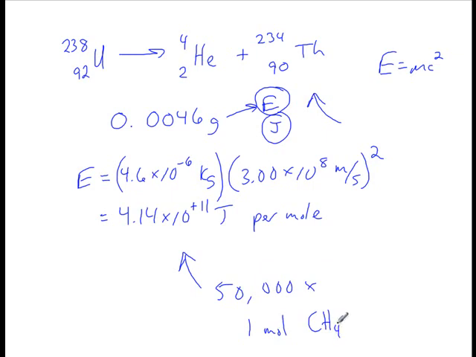That's an amazing amount. That's why it's so tempting to use this in a nuclear power plant. To generate this amount of heat with conventional hydrocarbons, it takes 50,000 times as much methane, and that heat would be used to boil water and turn a turbine.